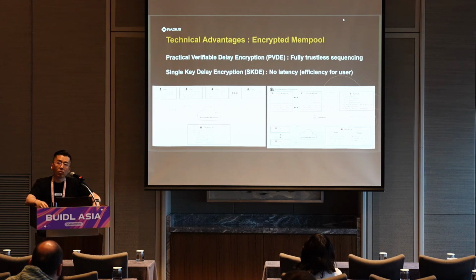So when the sequencer needs to decrypt transactions, they need to collect some part of these decryption keys, and then they can decrypt, which means that they need to trust or depend on these third-party key-holding parties. But we don't want an additional trust assumption.